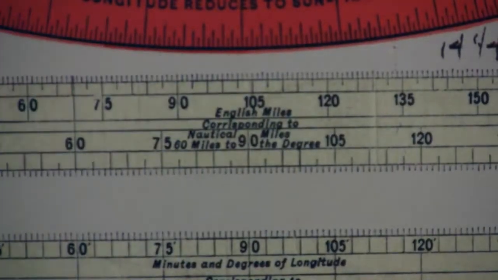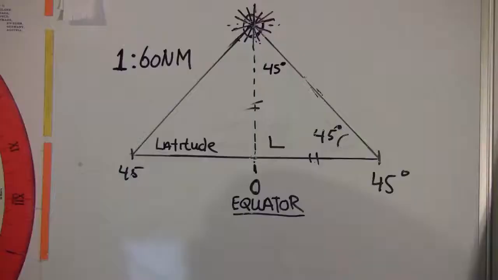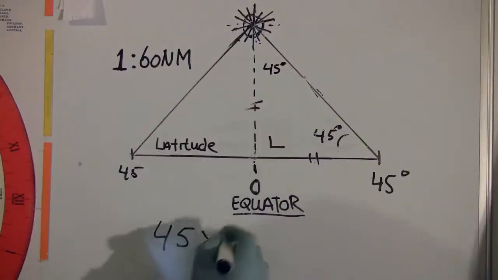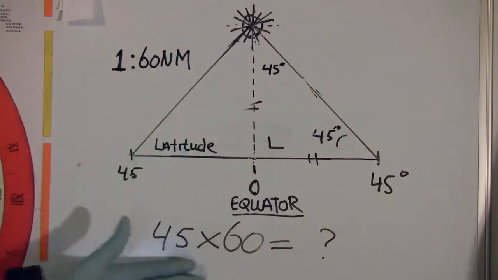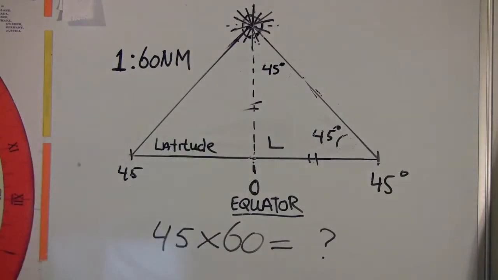It's written on the map, 60 miles to the degree. It means 1 degree is in reality 60 nautical miles. 45 degrees times 60 nautical miles. Scientifically and practically correct. Thanks for watching, and I'll finish this video with some beautiful observations.